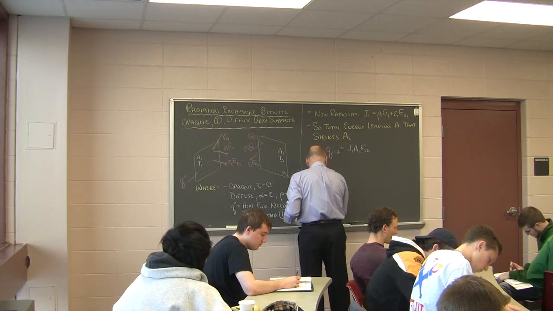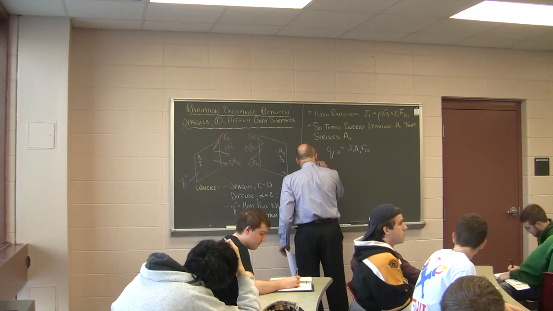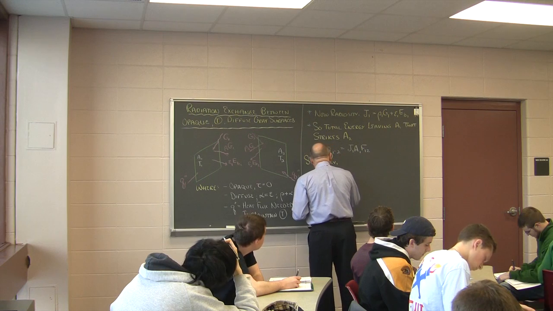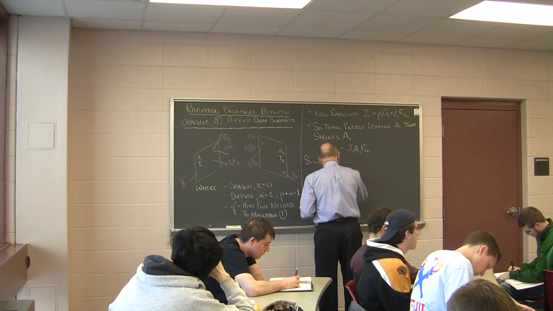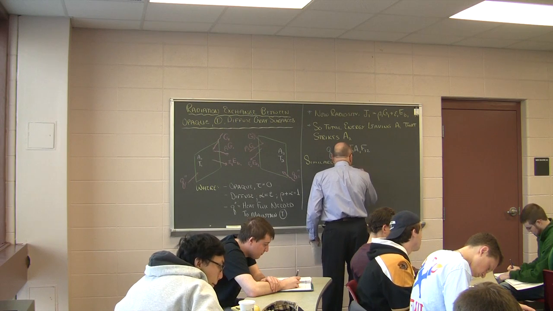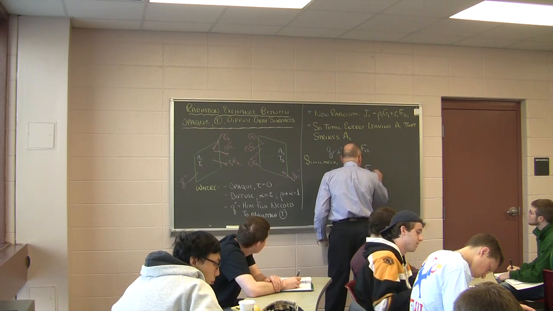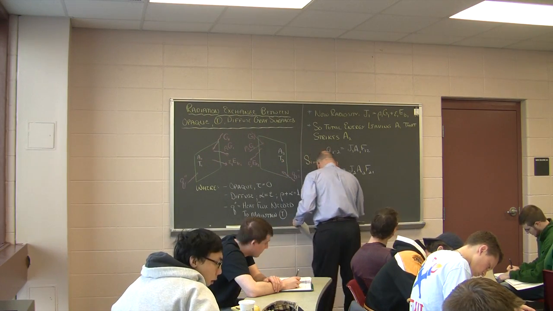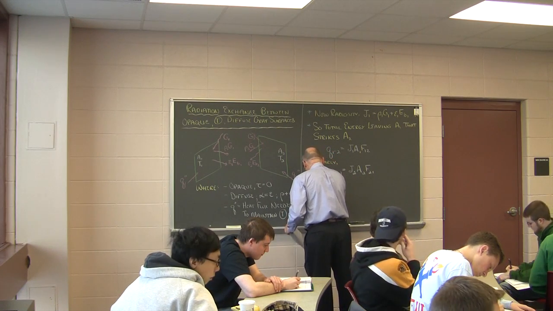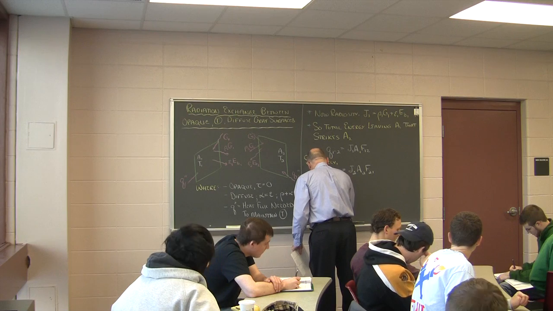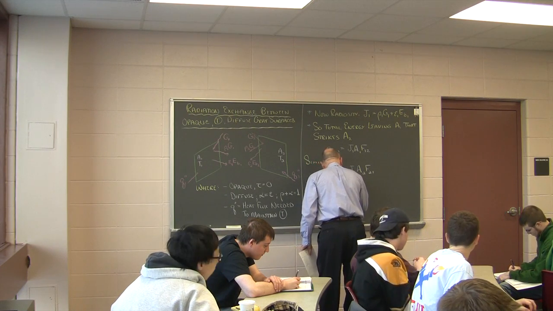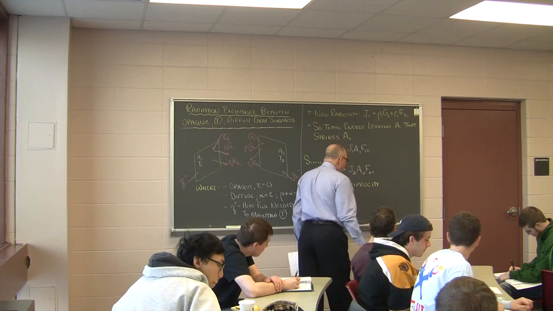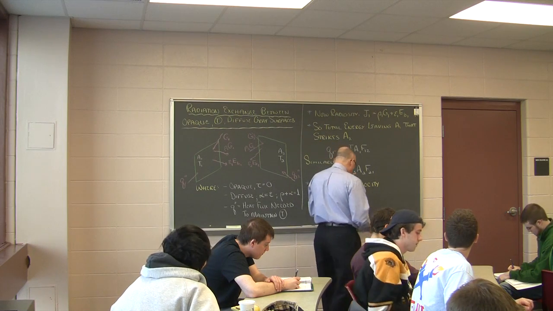Similarly, Q2 to 1 is equal to J2 A2 F2 to 1. If we apply reciprocity, we know that A2 F2 to 1 is equal to A1 F1 to 2.